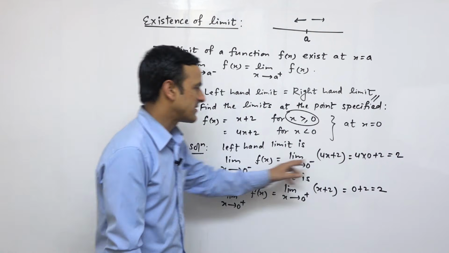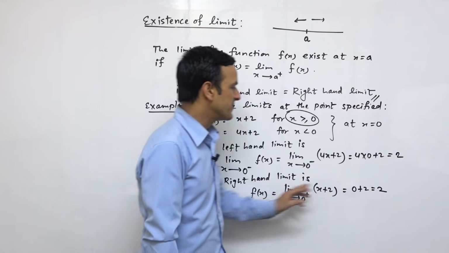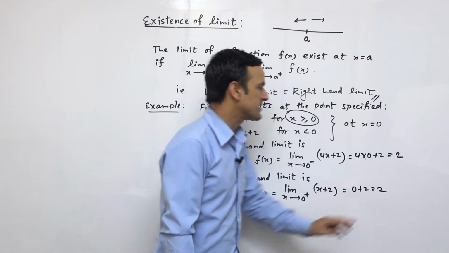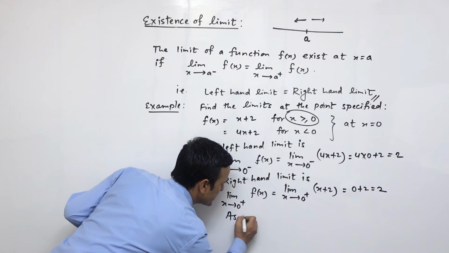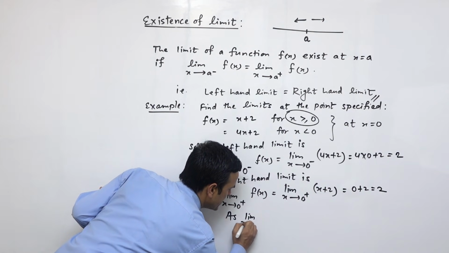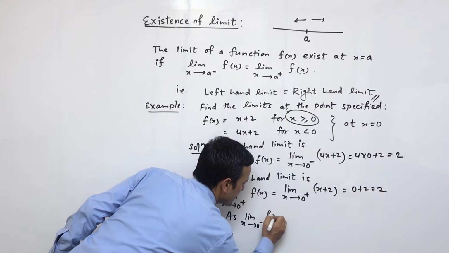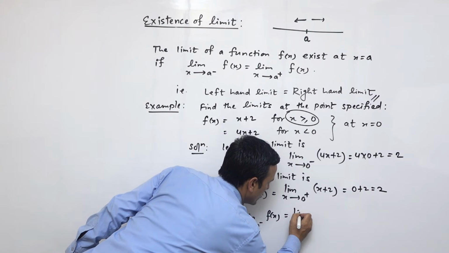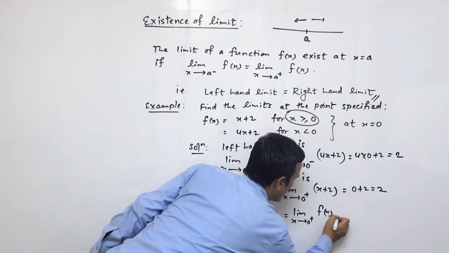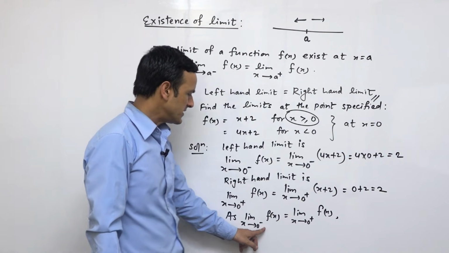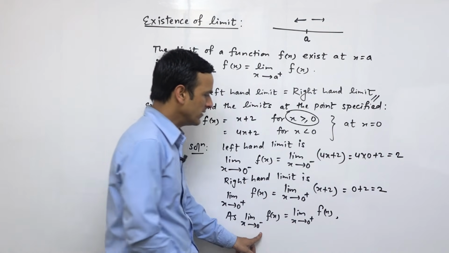So यस्तो केसमा लेफ्ट ह्यान्ड लिमिट पनि सेम, राइट ह्यान्ड लिमिट पनि सेम, यो दुईटाको लिमिटको भ्यालु सेम छ भने the limit exists. So as both limit x tends to 0 minus of f(x) is equal to limit x tends to 0 plus f(x), both are equal. Left hand limit and right hand limit are equal.